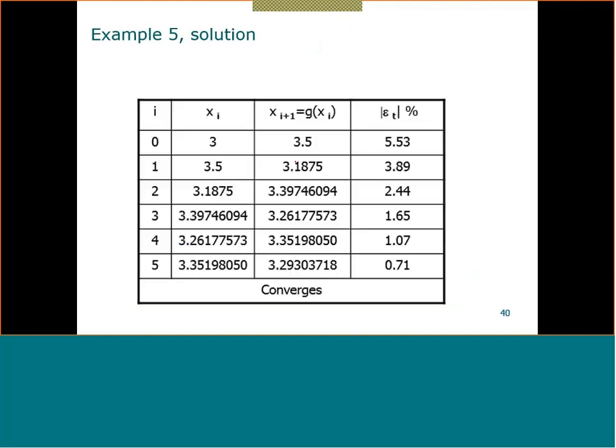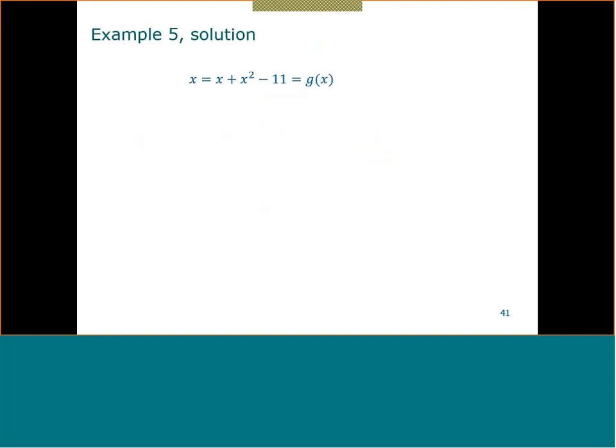You will find that the convergence rate is a bit faster than the bisection method, which is good. Okay, let's see the other function. Doesn't really matter. So now this is my g of x.